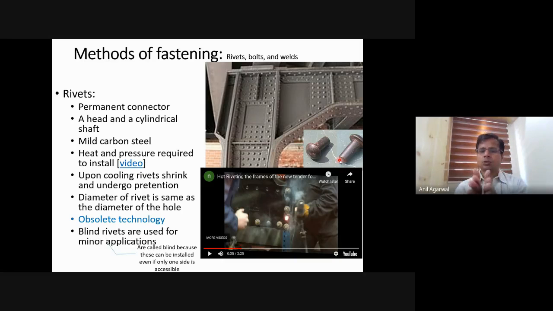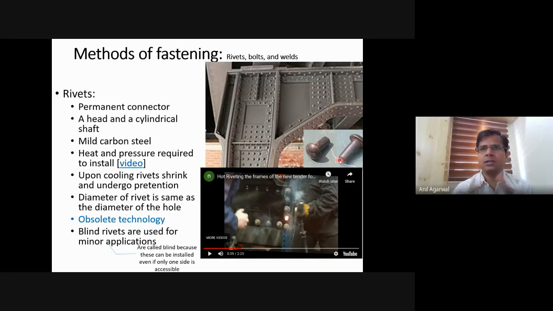When it shrinks, these two plates, which were touching each other, are put under compression. It squeezes them together under the compressive force from the rivet. So the rivet undergoes tension between the two heads. The two heads are kind of pulling apart, and the shaft of the rivet will be in tension, and these two plates will be under compression.